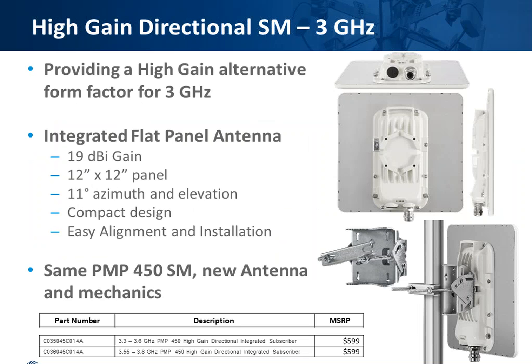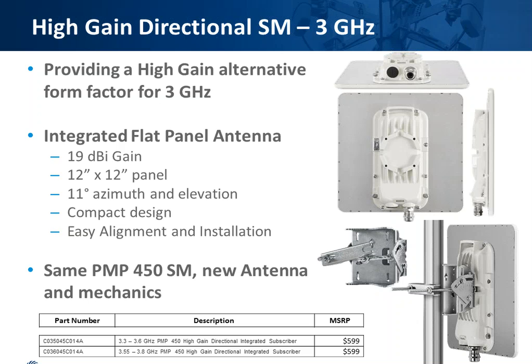And then, as I mentioned, over this next week, you'll see some announcements from the channel that the high-gain directional SM in 3 gigahertz will become available. The part numbers and MSRPs are listed at the bottom. In a nutshell, it's taking the existing 450 subscriber module and putting it into this mechanical housing, an IP66/67 rated housing with a 19 dB flat panel antenna.